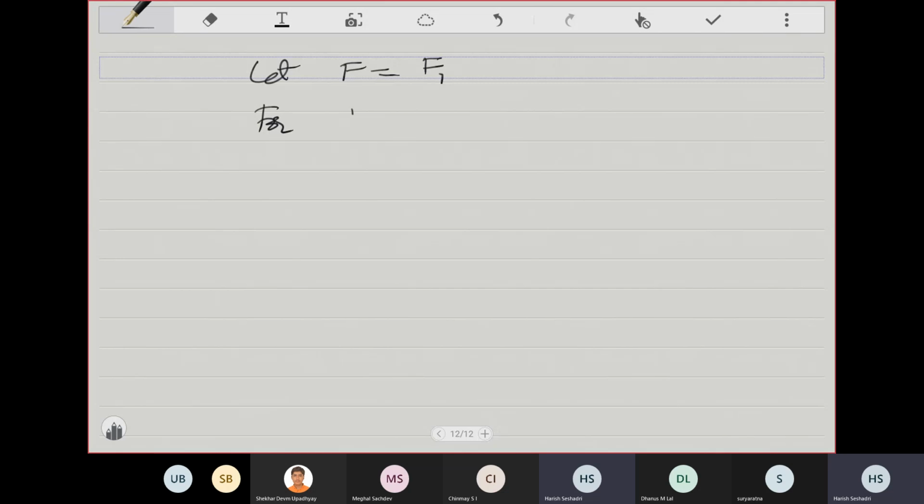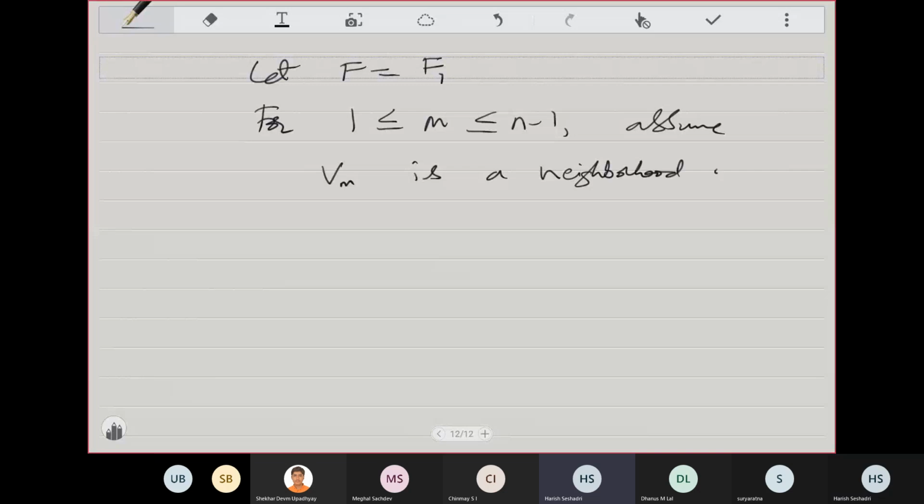For m with 1 less than or equal to m less than or equal to n minus 1, assume the following. Vm is a neighborhood of zero.